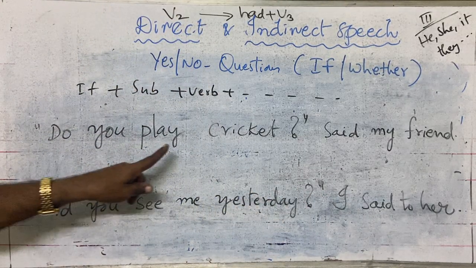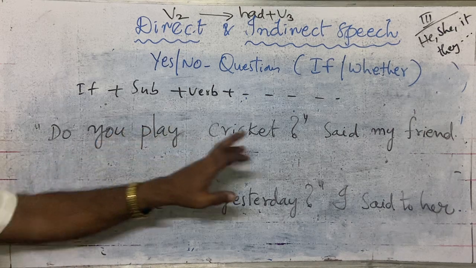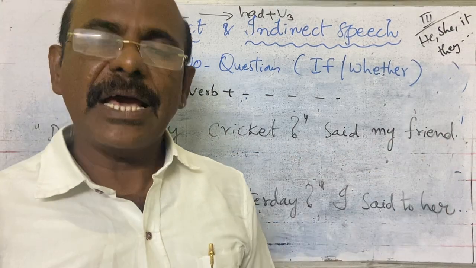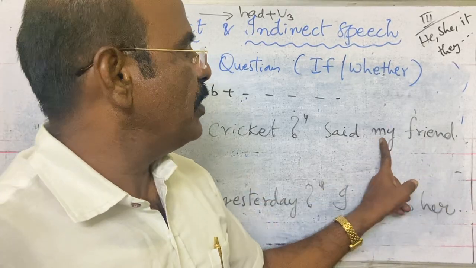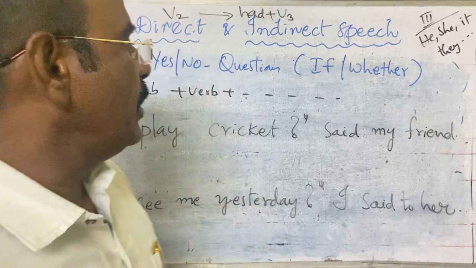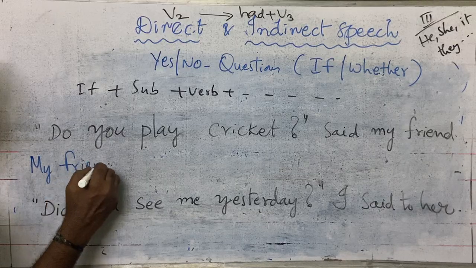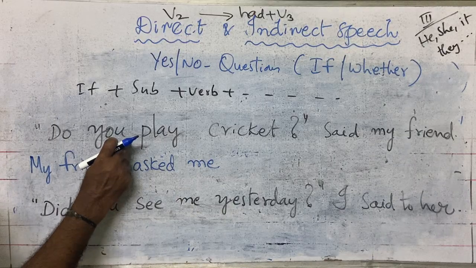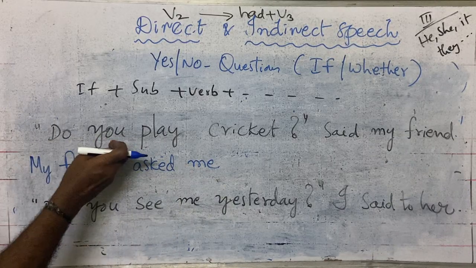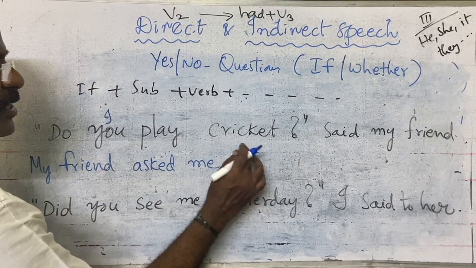Look here. Do you play cricket? Said my friend. That means my friend. Here look, you means we have to maintain one character compulsorily. As it is not given, you can say my friend asked me. So who is there before you means I only. He is asking me, means I. Before that, conjunction if.